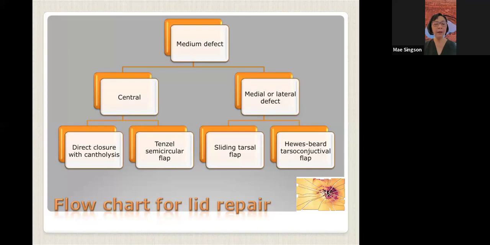When you have a central defect that is at least 1/3 in size, you may do direct closure by advancement through a cantholysis on the lateral canthal tendon, or doing what we call a tensile semicircular flap if you don't want to disengage or disrupt your canthal tendon. When your laceration is in the medial or lateral aspect, a sliding tarsal flap or a Hughes transconjunctival flap may also be used.